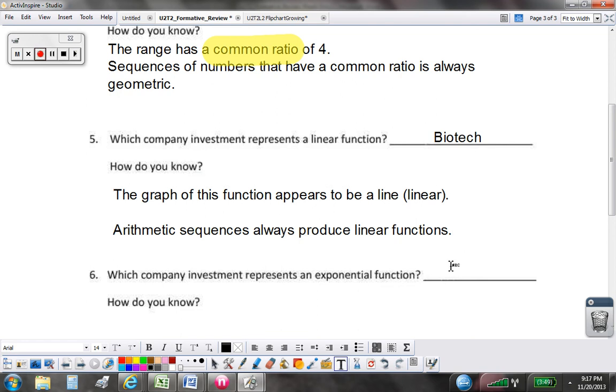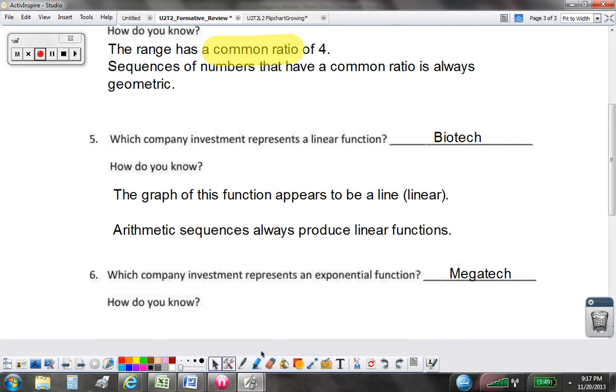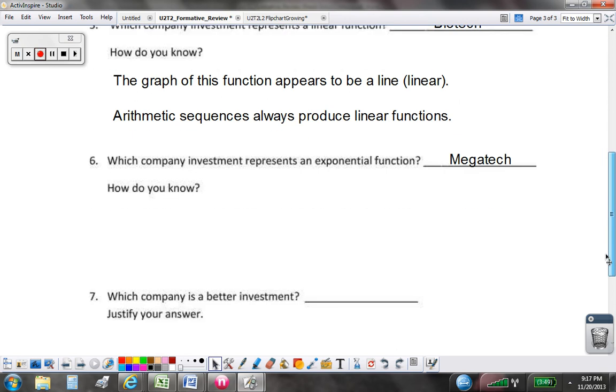Exponential, that would be the Megatech. How do I know?